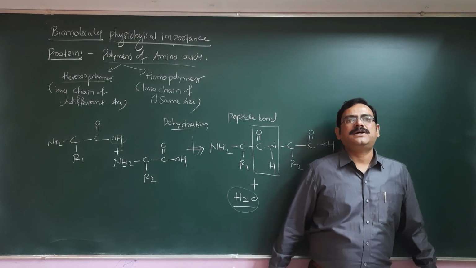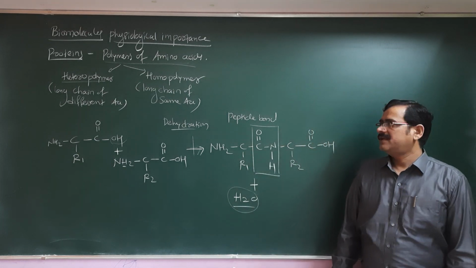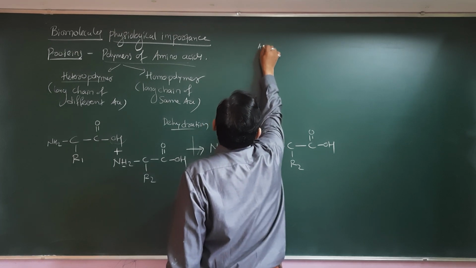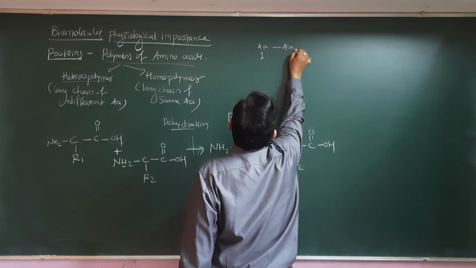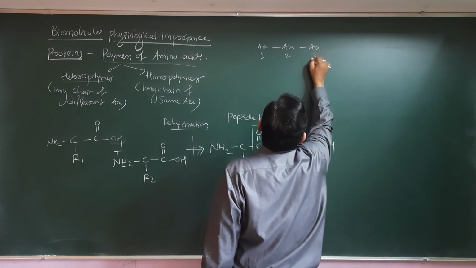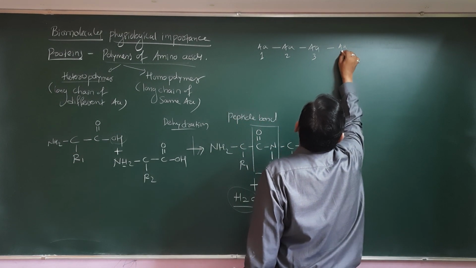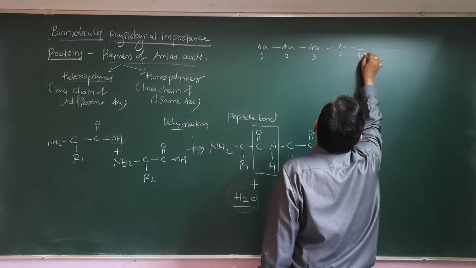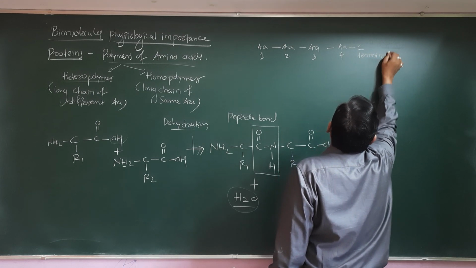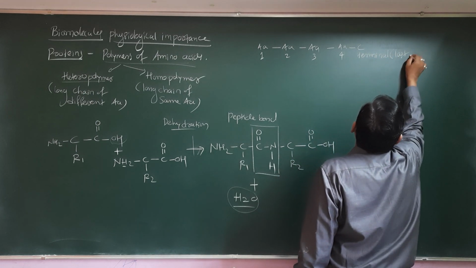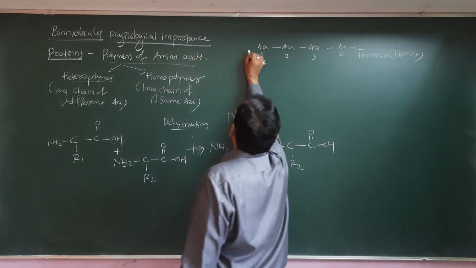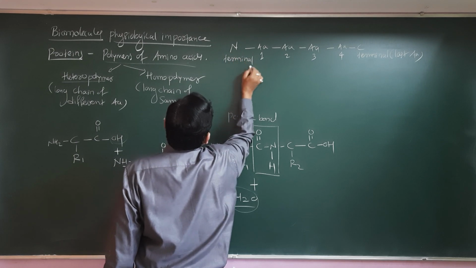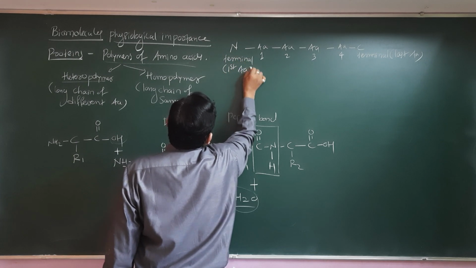When we talk about protein structures, they can be straight or linear. For example, amino acid 1, amino acid 2, amino acid 3, amino acid 4. The C terminal represents the last amino acid, and the N terminal represents the first amino acid.